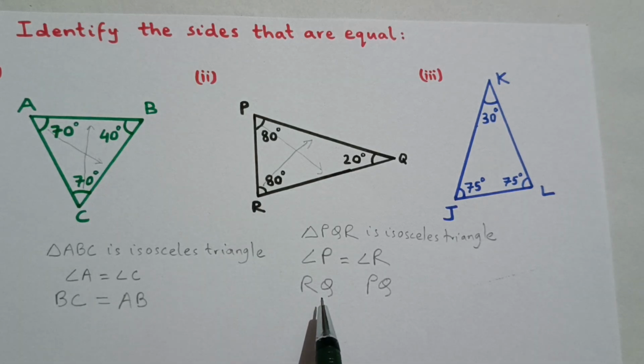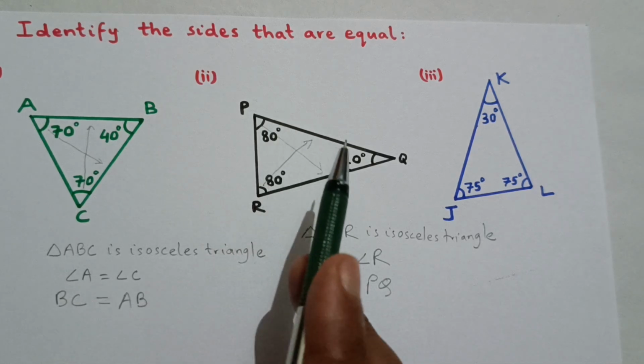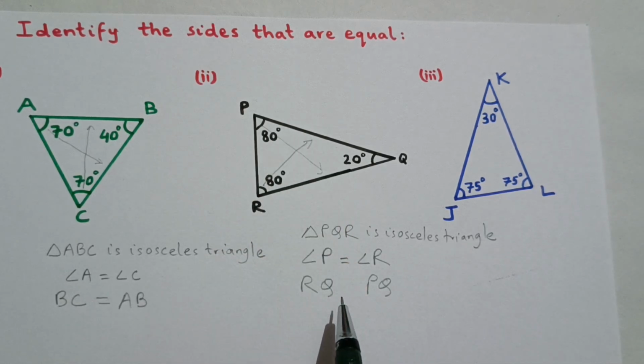So therefore the two sides that are equal to each other in this triangle are side RQ and side PQ.